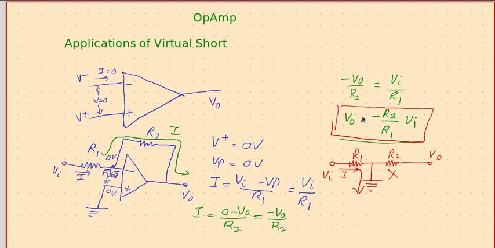Here, nothing to talk about that. Everything is taken internally by the operational amplifier. You only need to worry about what should be R1, R2 values, and that is going to decide what will be the gain, and that will decide what will be the output. So that makes our life so simple, isn't it?